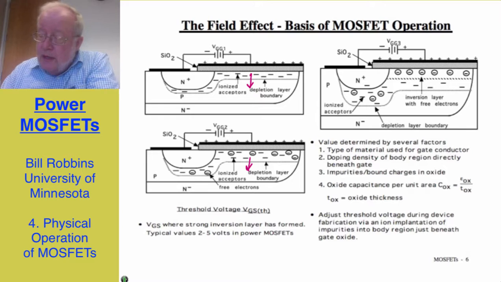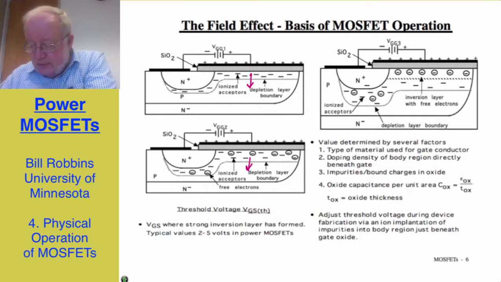And I show then some of the negative charge being, without being encircled, the ionized acceptor impurities. The electrons, or the negative symbol with the circle around it, are the free electrons that I've attracted. So now I have a mixture of different types of negative charge.